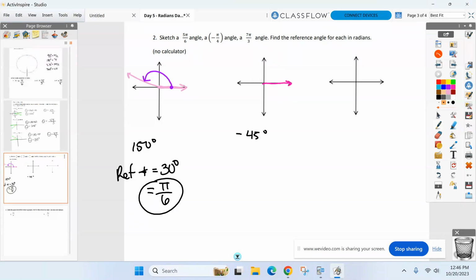Where's my other side going to go? Halfway, right? It's not closer to 90, it's not closer to 0, it's right halfway in between. And where's my arrow going? Yep. All right, ready for the reference angle?